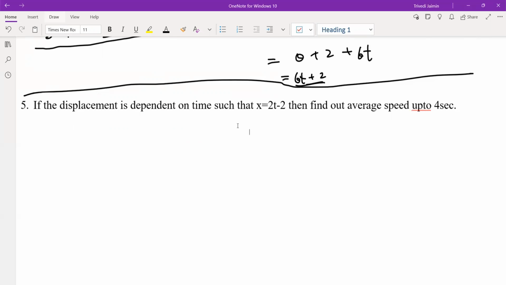Total distance by total time. What will you do: integration, differentiation, or just substituting values?